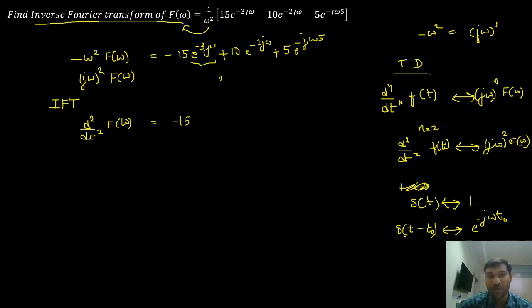So my corresponding time domain signal will be delta of t minus 3, plus 10 into, now instead of t naught I have 2, so that's going to be delta of t minus 2, and this time I have 5, so that is delta of t minus 5, right?